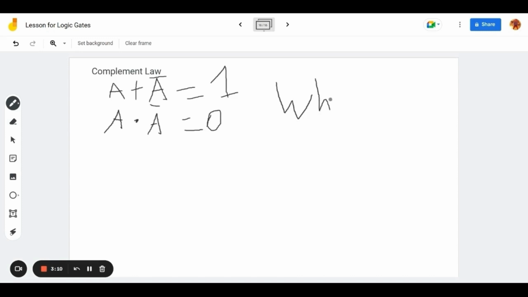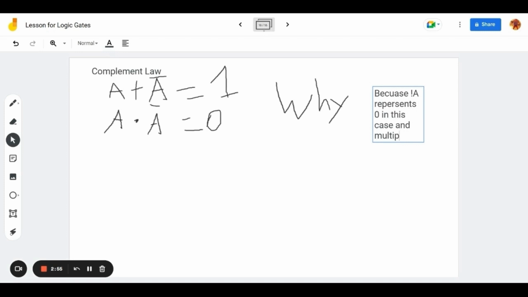Why? Because a NOT represents 0 in this case, and multiplying something by 0 will make it 0. That's the complementary law, which deals with the NOTed inputs.